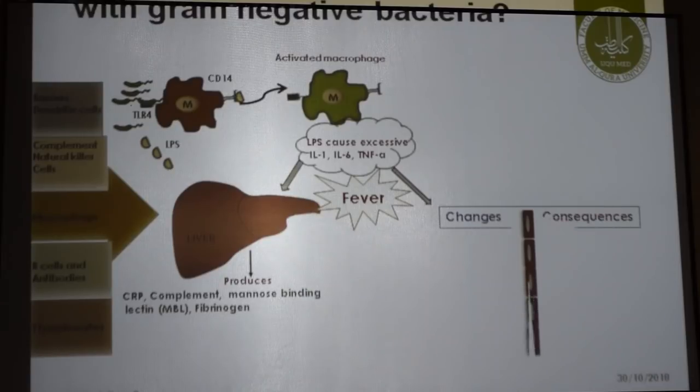Then they are going to act on the blood vessels and do certain things that result in shock. So what is shock basically? Vascular shock. What are the features of a shock? Hypovolemia or hypotension.